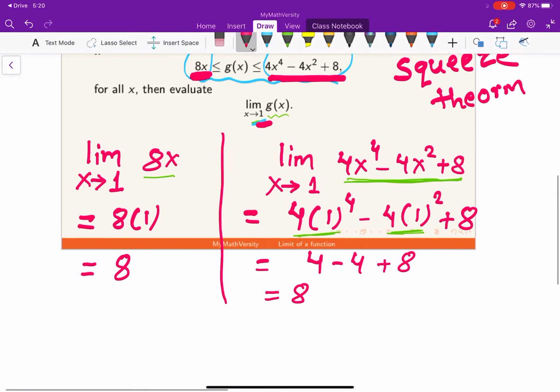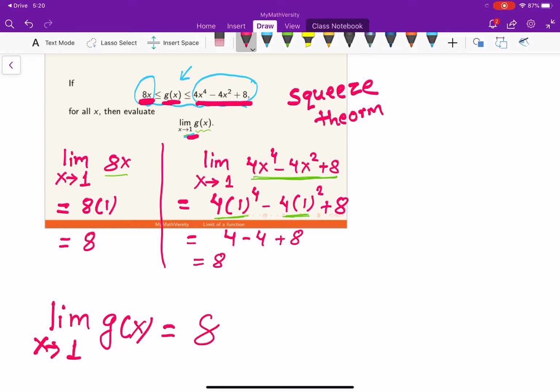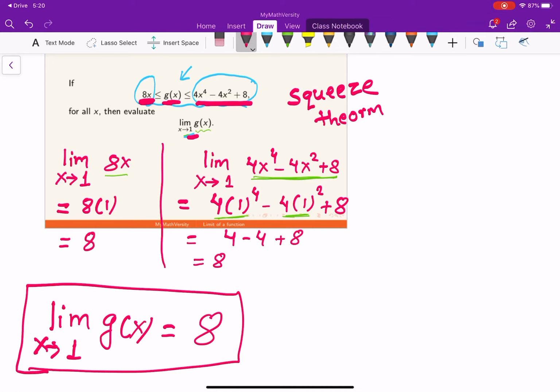So by the squeeze theorem, the limit of the function g of x, which is in the middle, as x gets closer and closer to 1, is exactly equal to that same value. The middle function's limit cannot escape if the bottom and top functions both have the same limit at a certain location. This is the squeeze theorem.